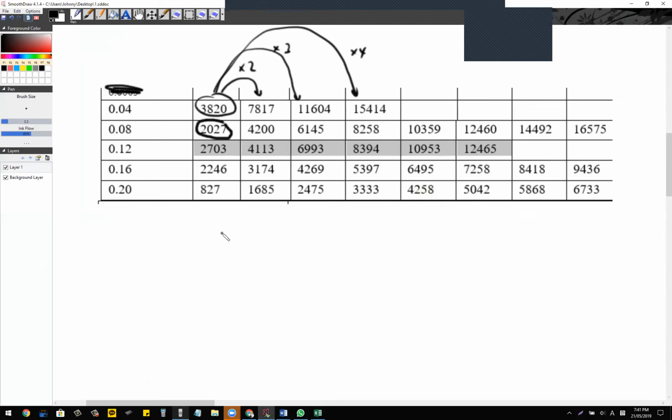So here's how you do it. Assume for length equal to 0.12, 2703 is not F1. So for this, assume F2 is 2703, then F1 should be half of this one, right?